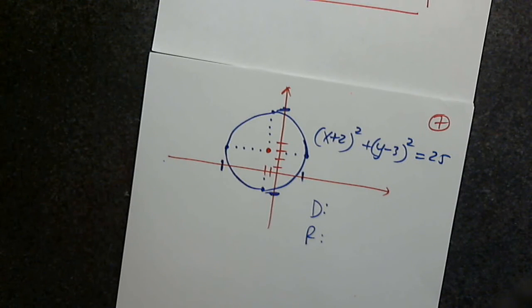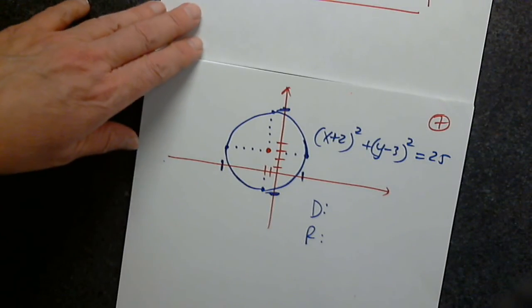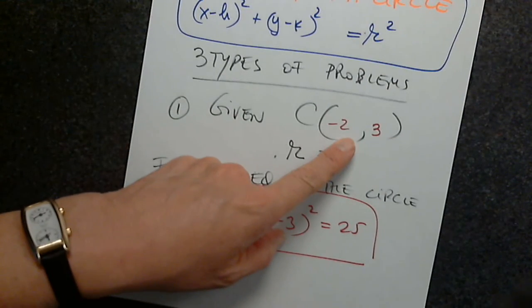All points have to be 5 units away from the center. So you create a point west, a point north, a point south, and a point east, 5 units away, and then you connect those points. The center is given.